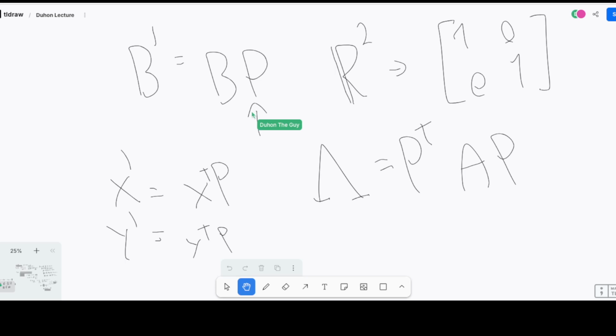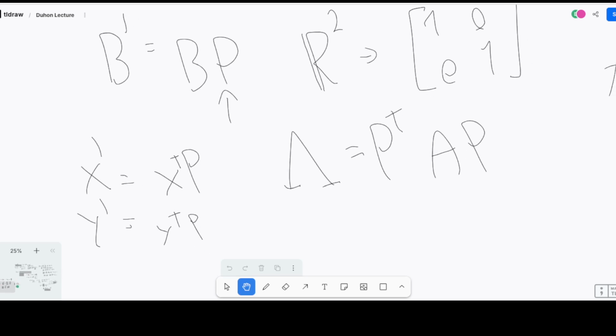The matrices A which represent forms equivalent to dot products, so basically bilinear forms, are the matrices A equals P transpose P, where P is invertible.